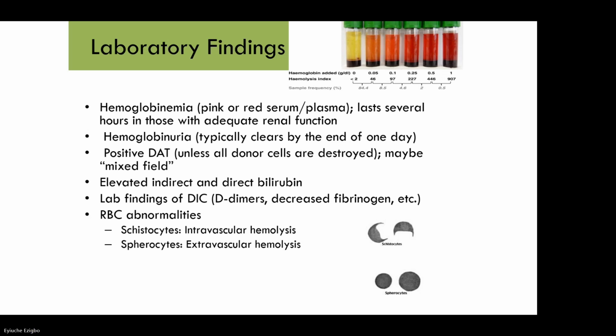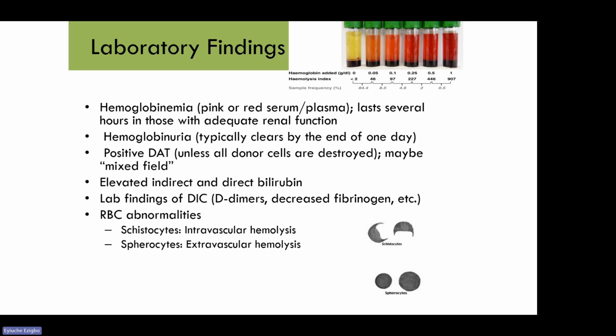Okay. In the laboratory, we find hemoglobinemia. You can see in this test tube at the top right of the screen. When we get the blood of the transfused patients and allow it to settle in an EDTA bottle, you can see the first tube represents the normal way the serum should look like, clear without any red coloration.